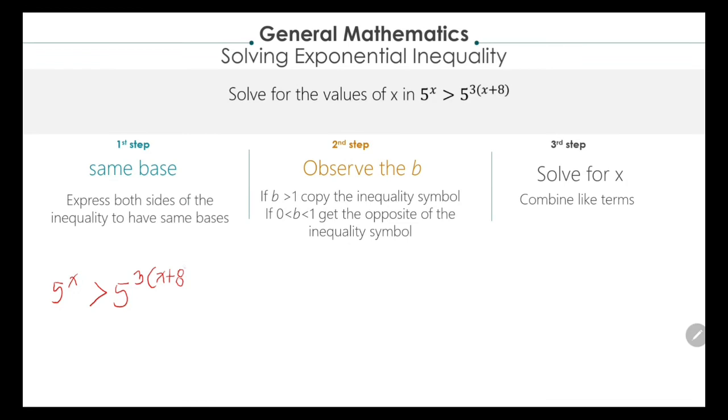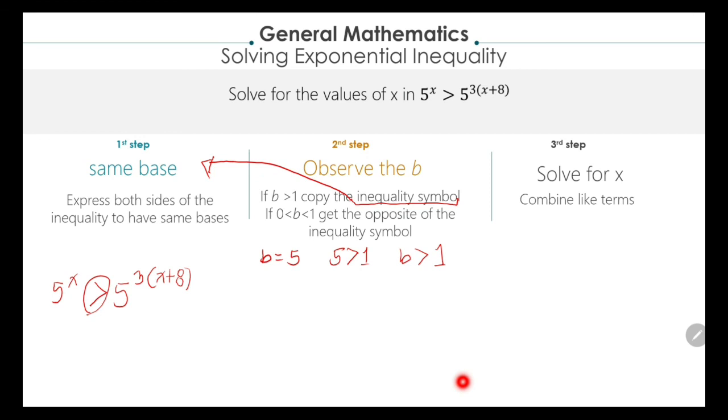And then, for the second step, you have to observe your base. Ano ba yung base mo? Your base is positive 5. We all know that 5 is greater than 1. So, your base is greater than 1. Kung ganon, ibig sabihin, kukopyahin lang natin yung inequality symbol. Inequality symbol nino? Inequality symbol na gamit mo dun sa step 1. And that is greater than.